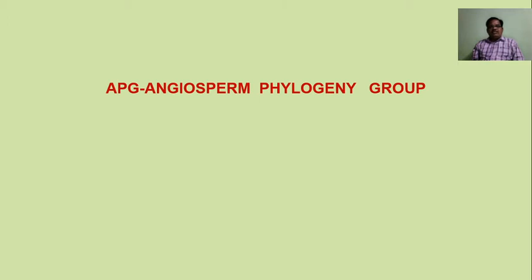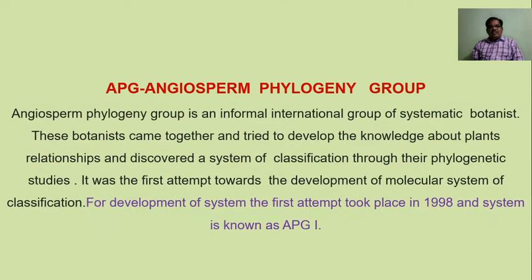These scientists from throughout the world come together, gather information from various parts and develop their knowledge, and this knowledge is used for further development in the field of taxonomy.